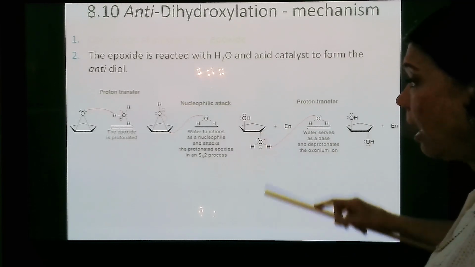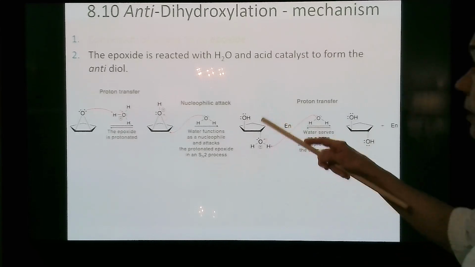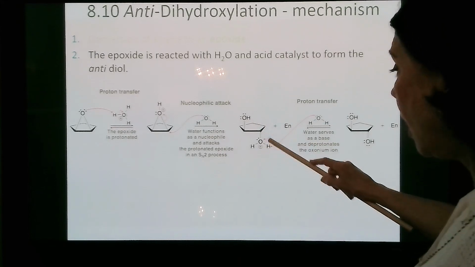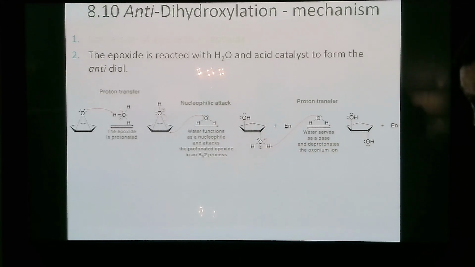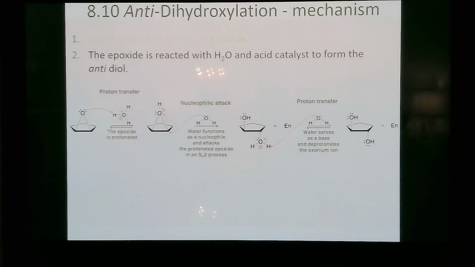Now you've got the diol instead of the halohydrin, or instead of bromination. You've got the diol, and this is a trans diol. You had anti-attack. So it's the same thing that you've seen before, except you've just changed the identity of the onium ion.